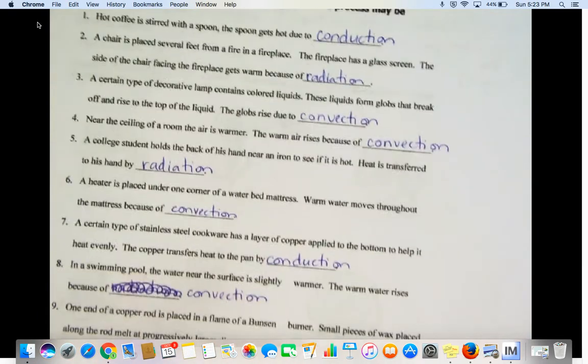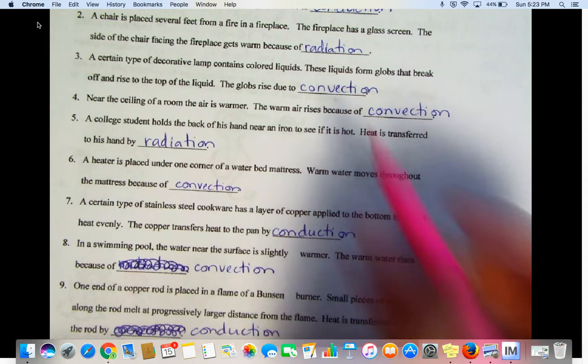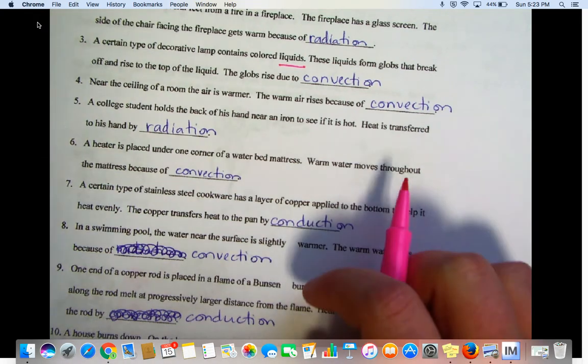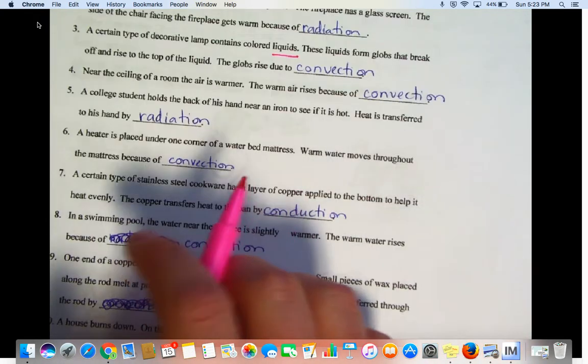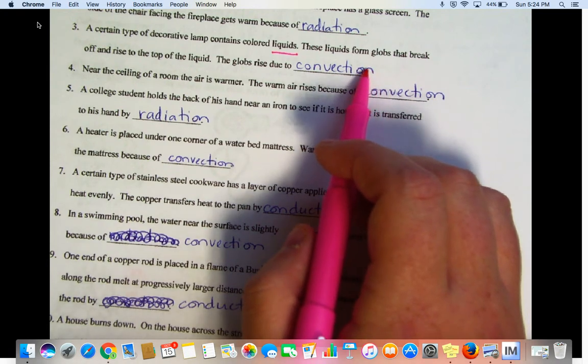Okay? Number 3. A certain type of decorative lamp contains colored liquids. Uh-oh. My brain did it again. I see that liquids word. I'm going to keep convection in my head. These liquids form globs that break off and rise up to the top of the liquid.